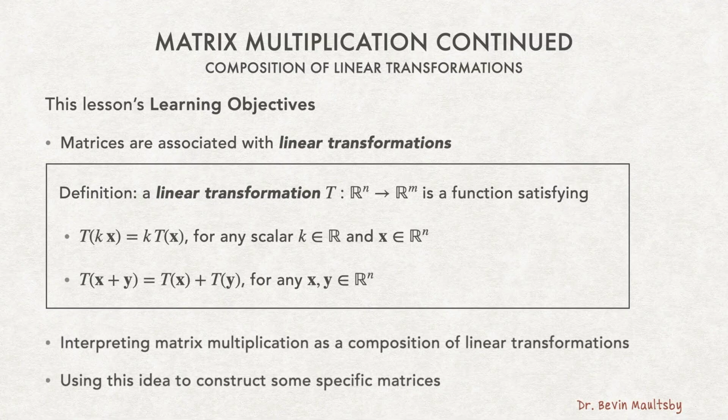What you may have realized is that any scalar valued function of a single variable which is a linear transformation must have the form T of x equals m times x. So for example, T of x equals 2x or T of x equals negative 3x. If you checked quadratic functions or any other kind of function, you would have found that it wasn't a linear transformation. So linear transformations from R to R have a very prescriptive form.